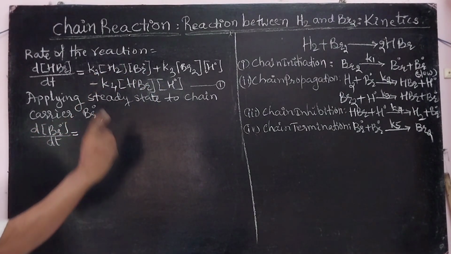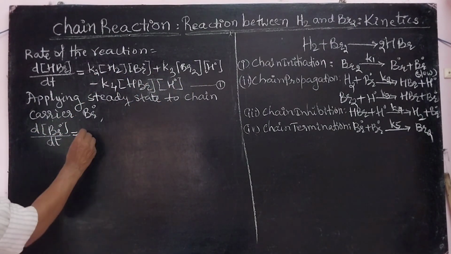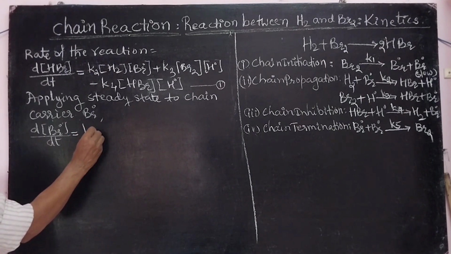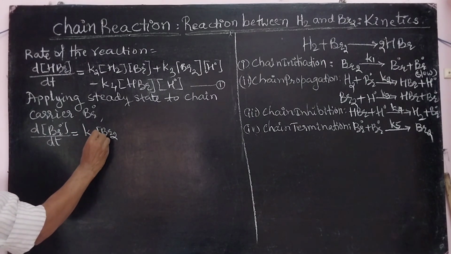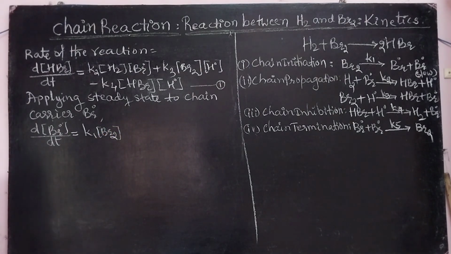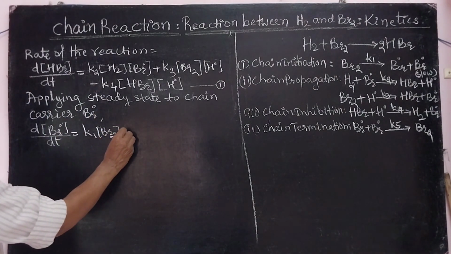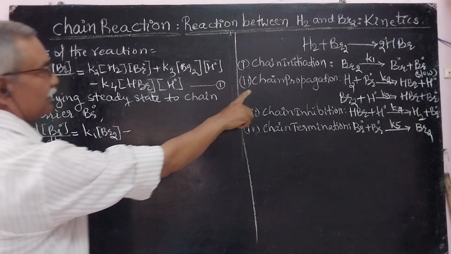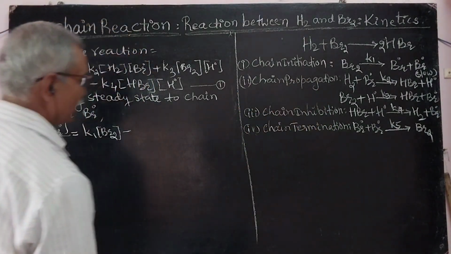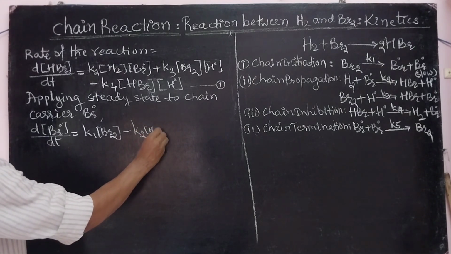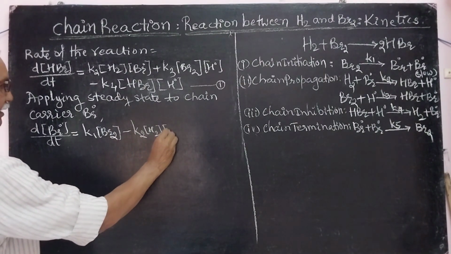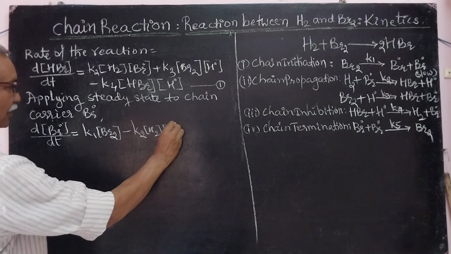Here Br dot is formed by the first reaction, that is K1 into concentration of Br2. By this reaction Br dot is formed, and in the second equation Br dot is absorbed, that is K2 into concentration of H2 into concentration of Br dot.